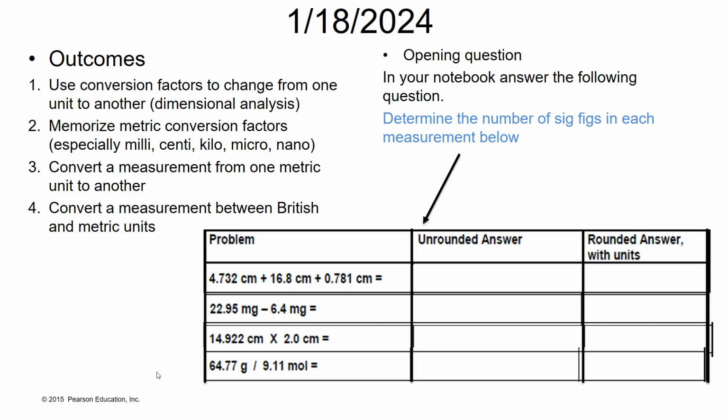All right. So our outcomes for today, we're going to be using the rules that we've discussed for the past two class meetings, and now we're going into using conversion factors to change from one unit to another. So the process is called dimensional analysis. In math, it might be called factor label method if you've ever went through that.